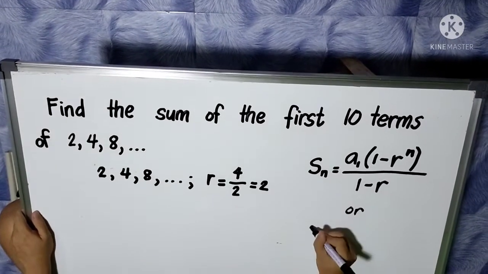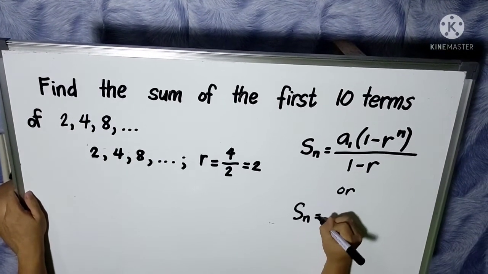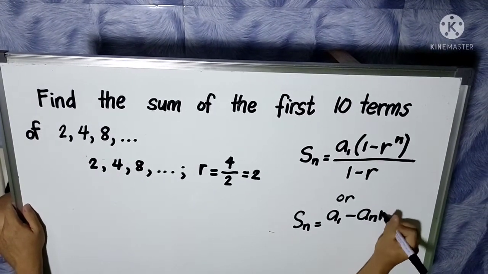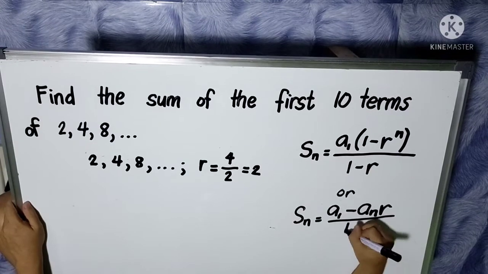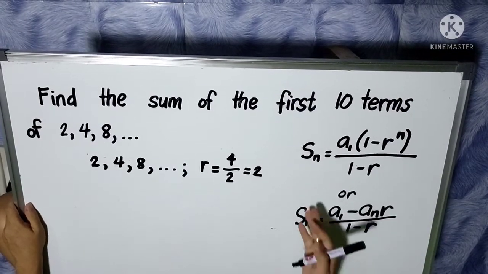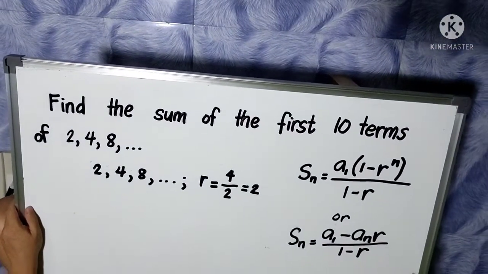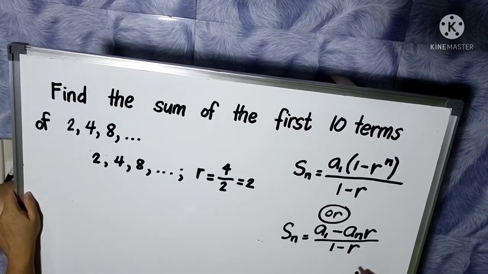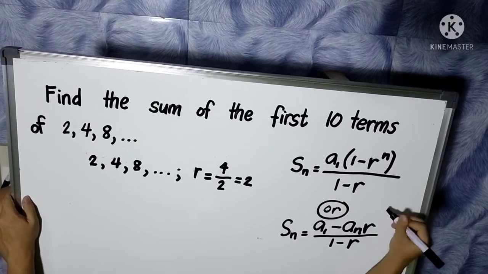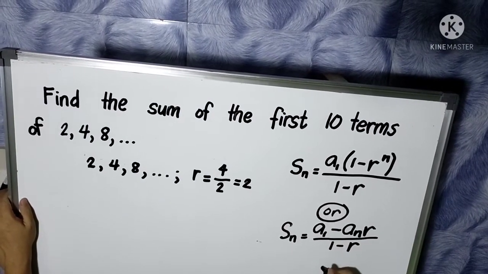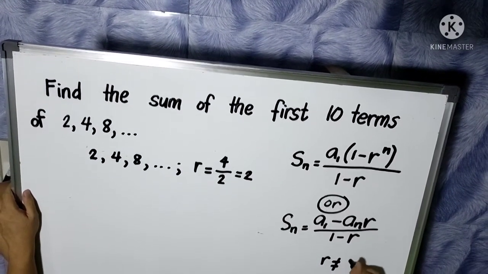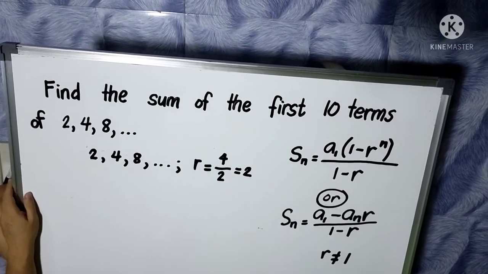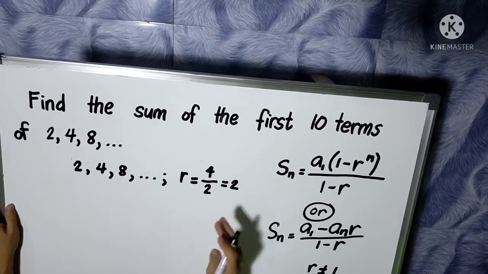Or you can have S of n is equal to (A sub 1 minus A sub n r) all over 1 minus r. So these are the formulas in letter A. You will use these if your r is not equal to 1. And of course, r which is equal to 2 is not equal to 1. So just choose any of the 2.